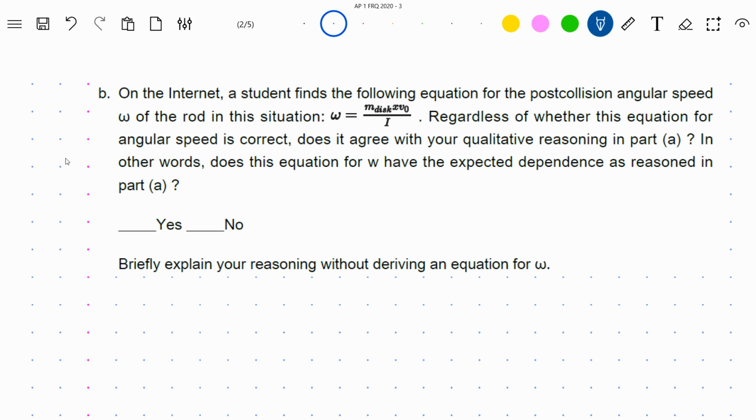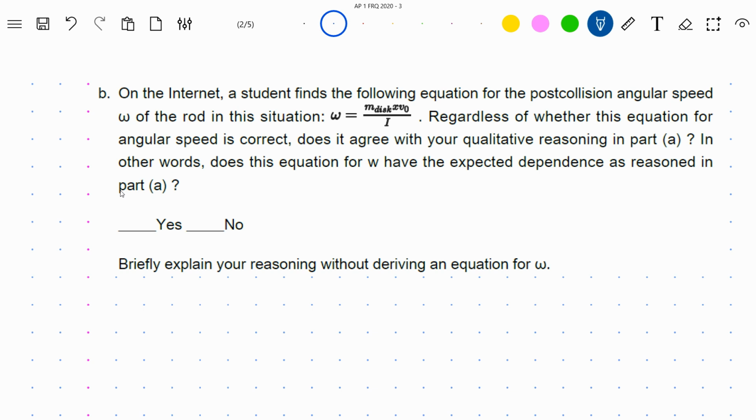Now it says, regardless of whether this equation is correct or not, does it agree with your qualitative reasoning in part A? So in part A, I said that in order to maximize the omega, we should maximize the value for x, that distance that the impact will occur from the pivot. In other words, does this equation for omega have the expected dependence as reasoned in part A?